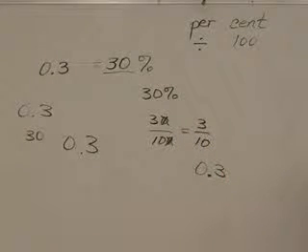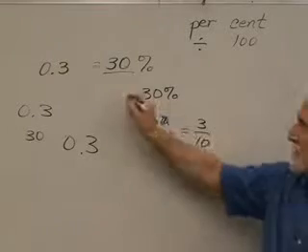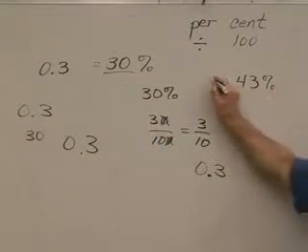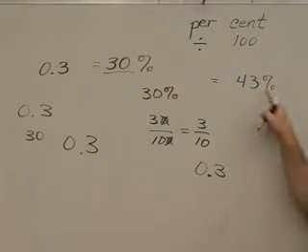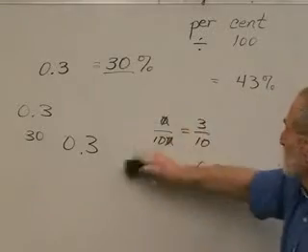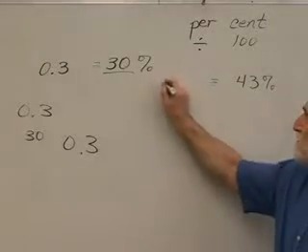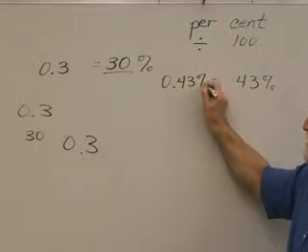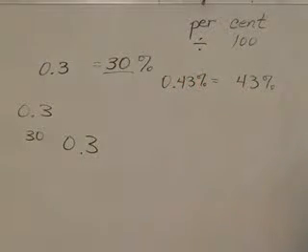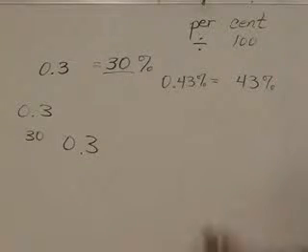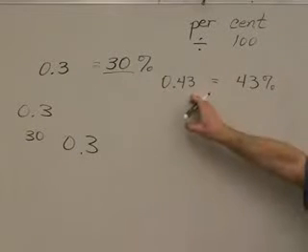And going the other way, if I said 43% is what decimal, we would move it 2 places to the left. Well, 43 is not the same as 0.43, is it? 43% is not the same as 0.43%. This thing's 100 times as big. But if I drop that percent sign, I just undivide it by 100. I just multiply it by 100. So now they are the same.